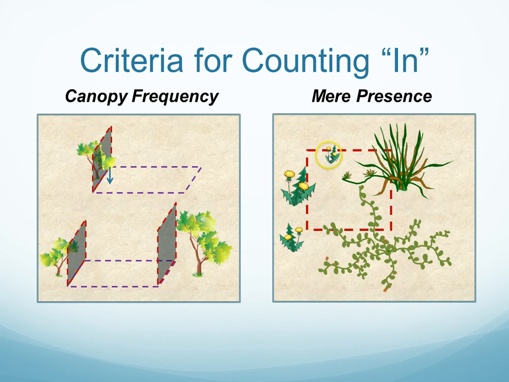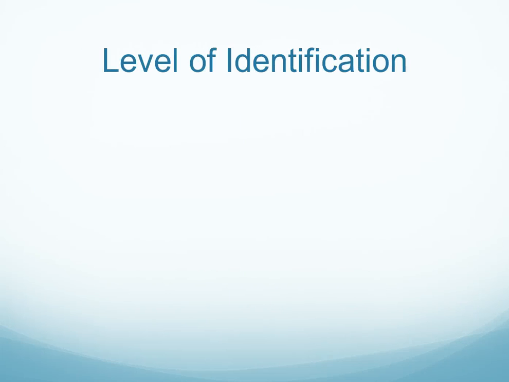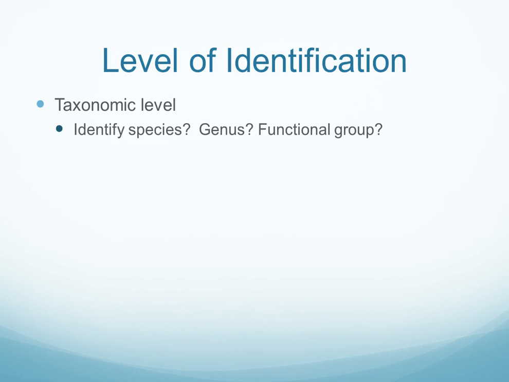So in this case, of course, we've got a rooted plant here, but having these leaves that are overhanging, that could be considered canopy, the stolons, or even some mat-forming plants that put out runners, we would consider present if we were using mere presence as a criteria for counting plants in the plots. Other decisions that we need to make have to do with the level of identification. The first is taxonomic level.